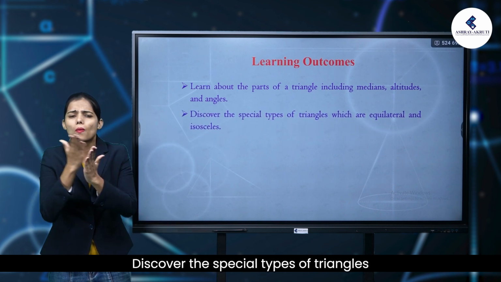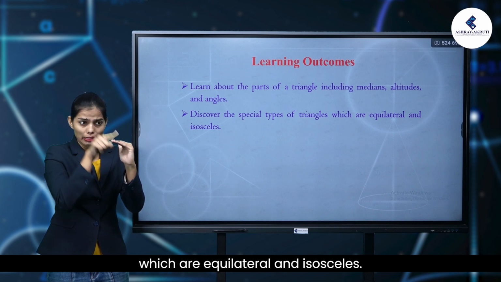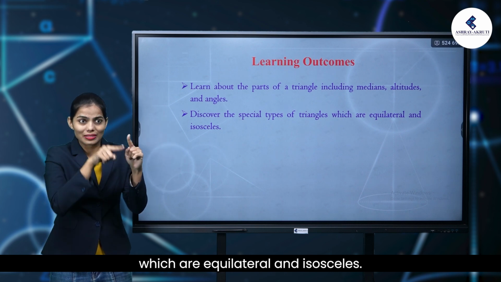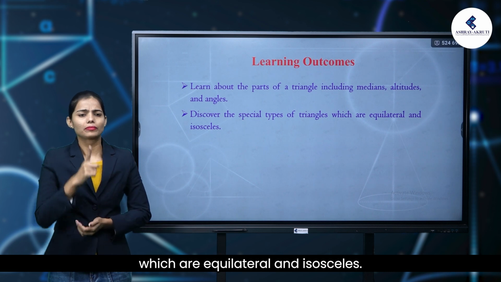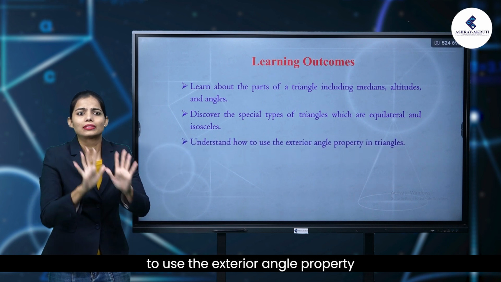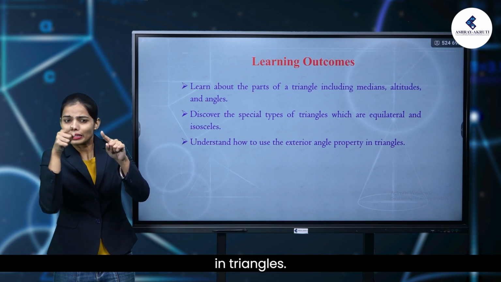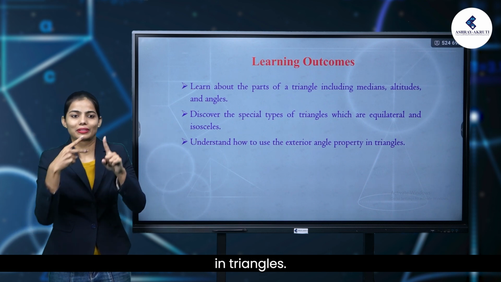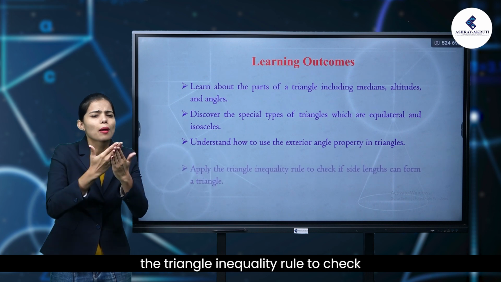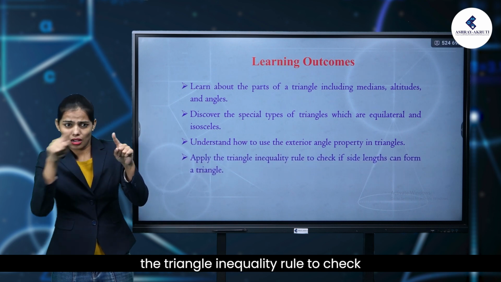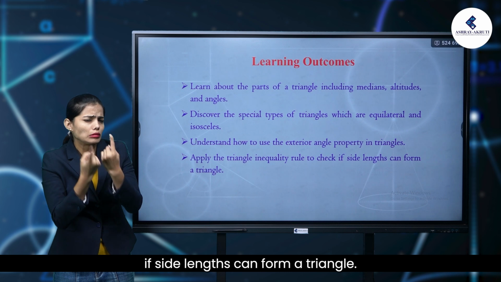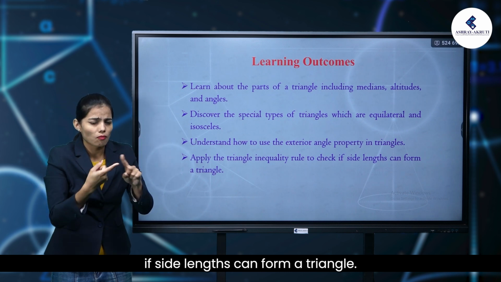Discover the special types of triangles, which are equilateral and isosceles. Understand how to use the exterior angle property in triangles. Apply the triangle inequality rule to check if side lengths can form a triangle.